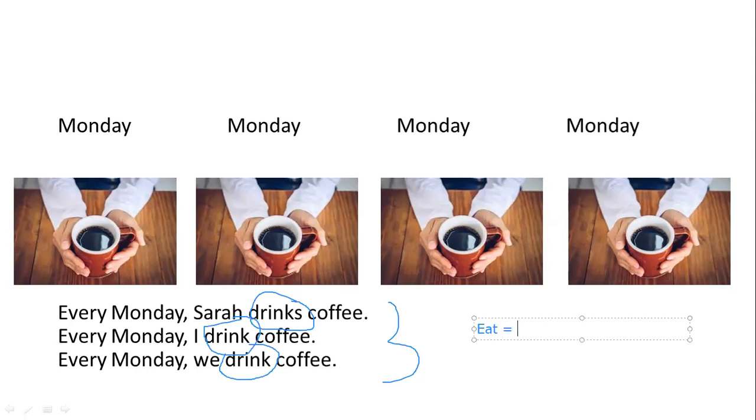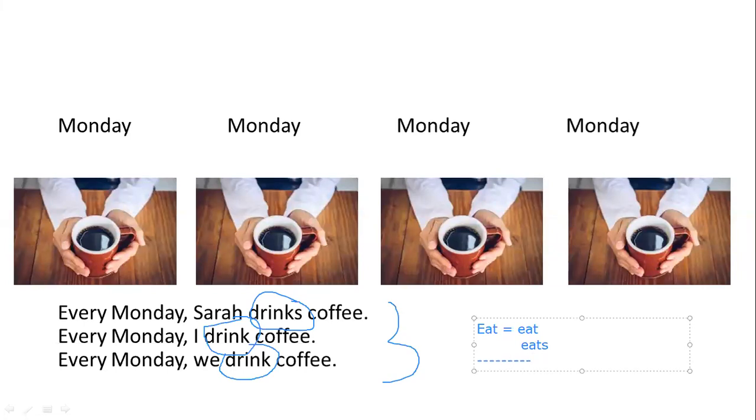So it can either look like eat, the same, or it can have an S. So these are the two forms of the present simple. The verb can either look like the infinitive, the root, the stem, or it could have an S.